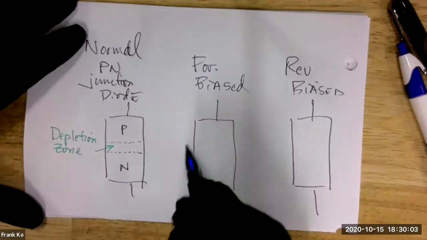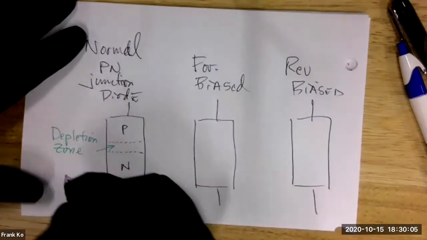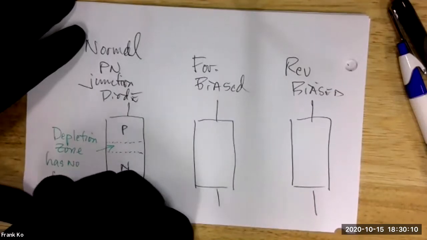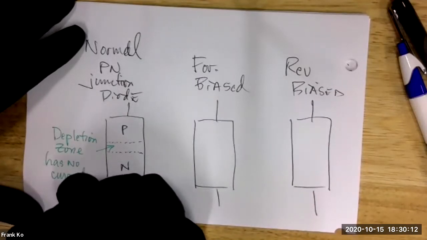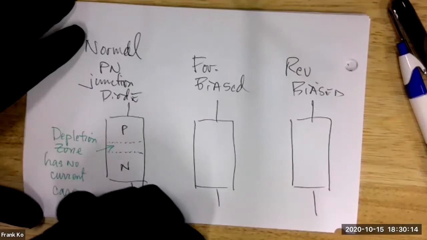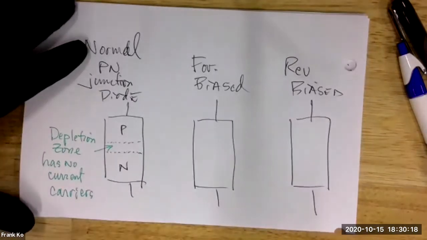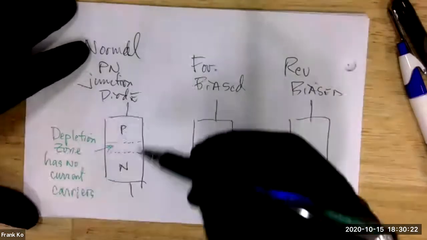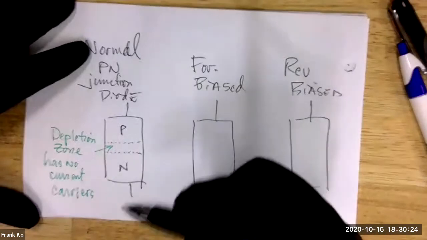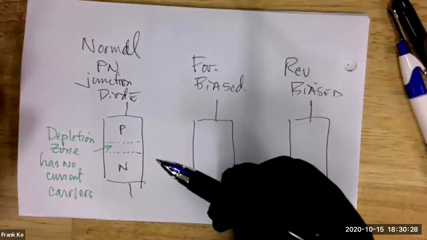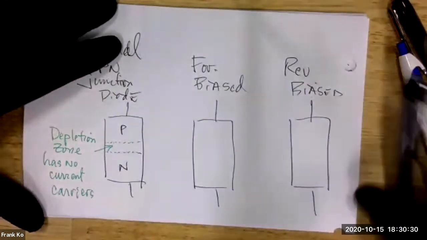The depletion zone has no current carriers. In other words, the electrons don't normally go through there. It just has none. Something has to happen in order to switch this on and conduct.